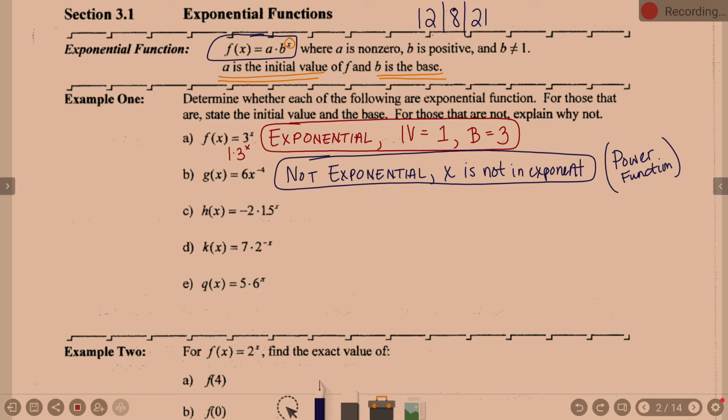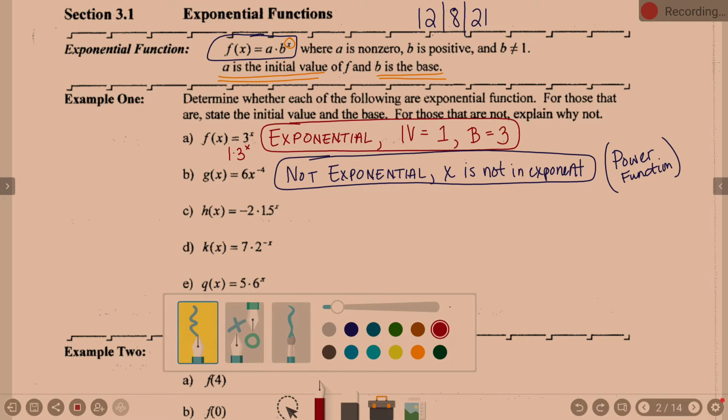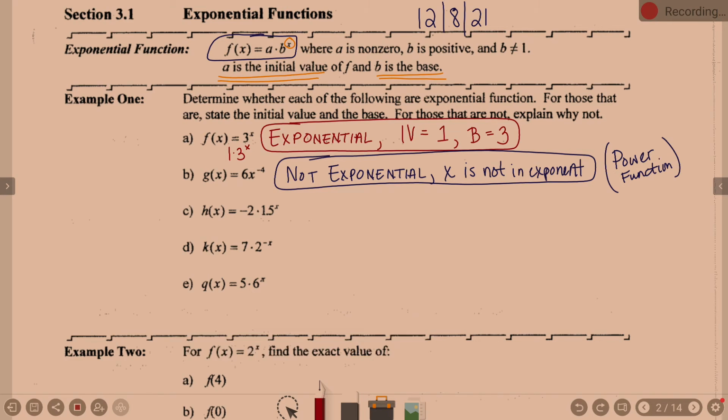C, h of x equals negative 2 times 1.5 to the power of x. Exponential or not exponential? By it saying that b is positive, does that have to be whole numbers or just positive integer?